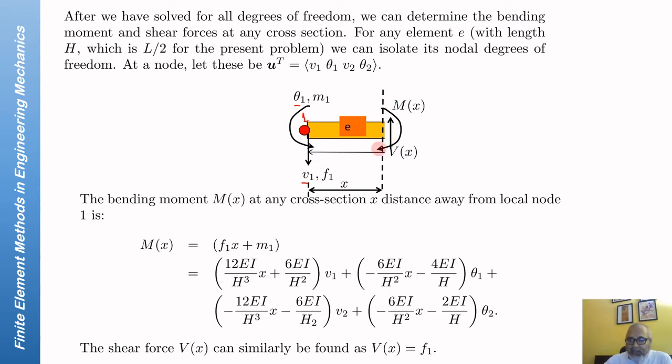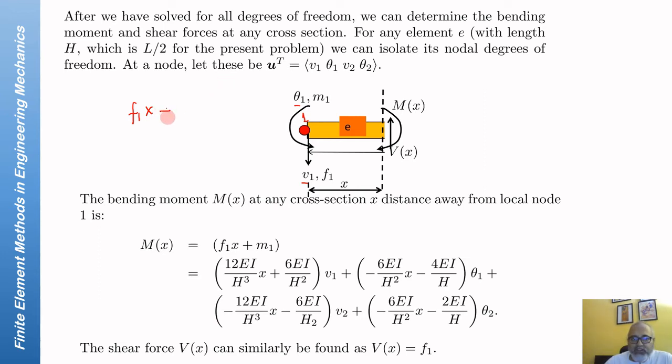I have taken a cut somewhere at the middle of the element at a distance x from node 1, and of course when I take a cut I have to apply a shear force and a bending moment. So when I do that, if I now do a moment balance of this, I will see that F1 times x is a positive moment outwards from the plane.